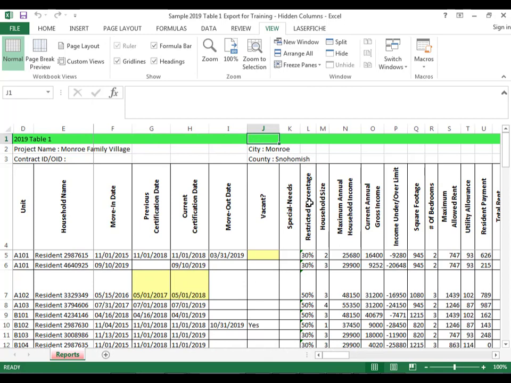It is best if you enter data throughout the year rather than waiting till the end of the year, because as more people get into the system, we see more of a lag in the system, especially if you're importing.